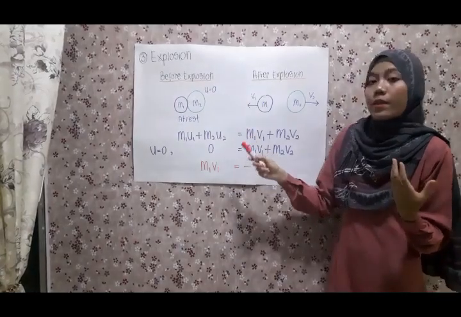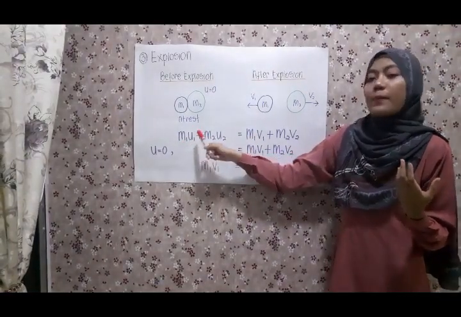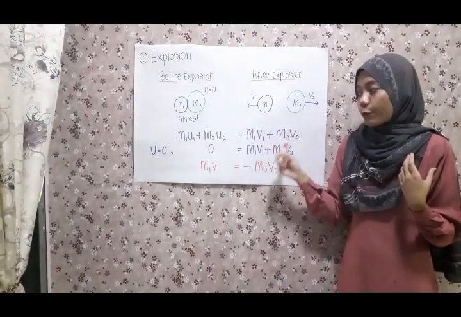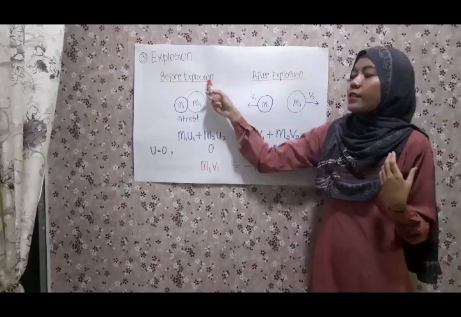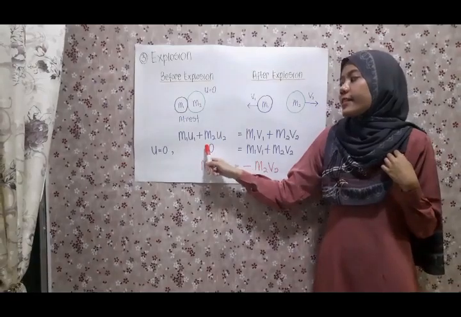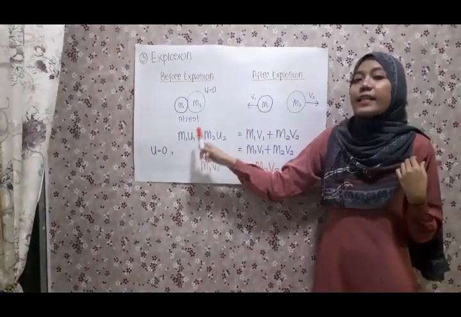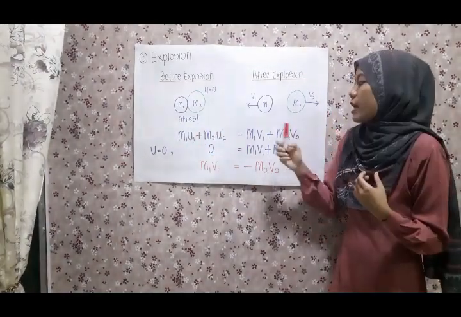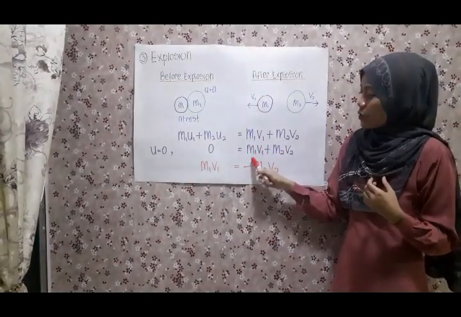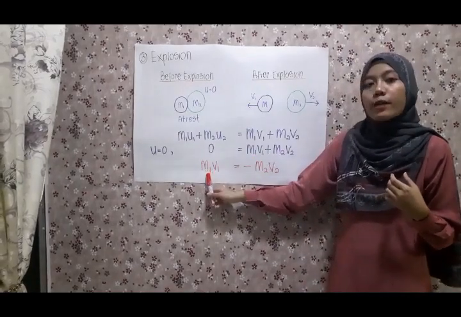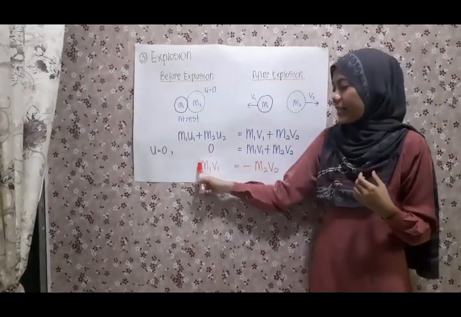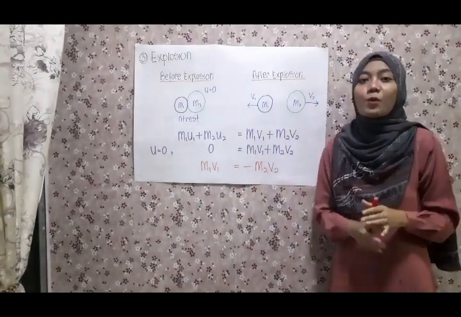The formula is m1u1 plus m2u2 equal to m1v1 plus m2v2. As u1 is 0 and u2 is 0, the left side is 0, because any number times 0 is 0. So 0 equals m1v1 plus m2v2. Transferring, we get m1v1 equal to negative m2v2. So here is the final formula for the explosion.